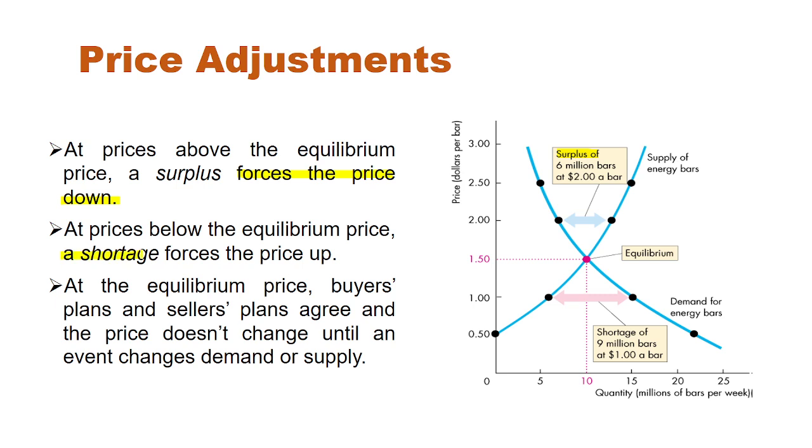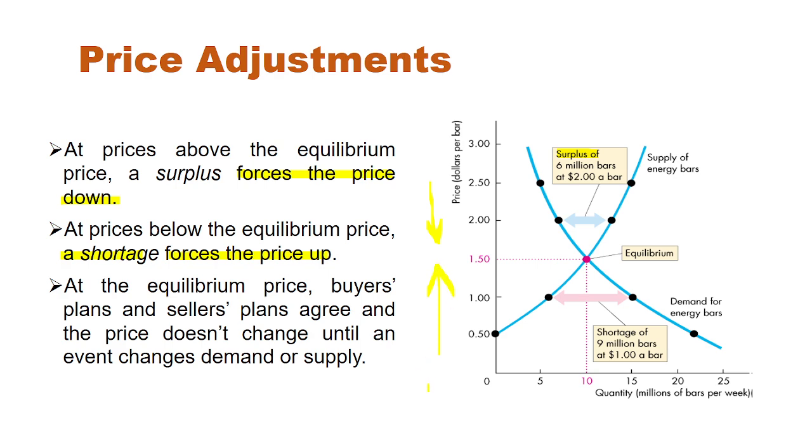We know it from the past parts, and the shortage forces the price up. So if the price is more than equilibrium, the surplus pushes the price down, and if the price is below the equilibrium, the shortage pushes the price up.